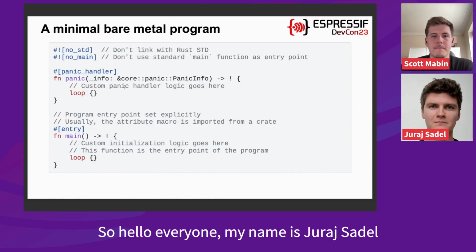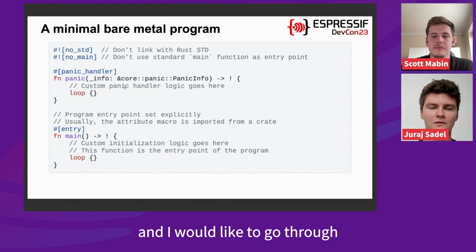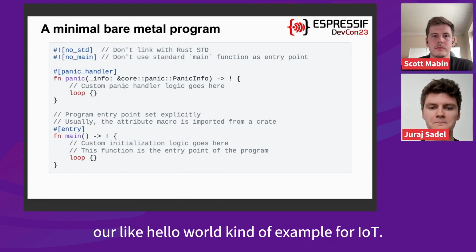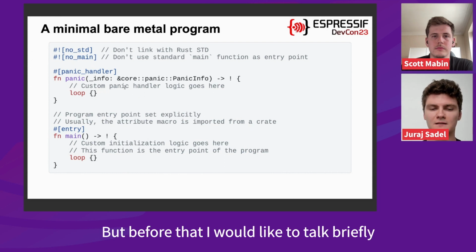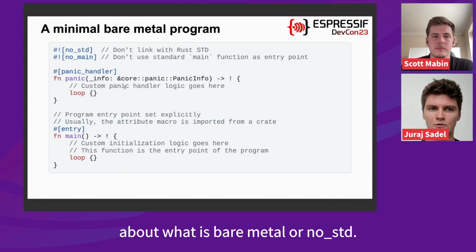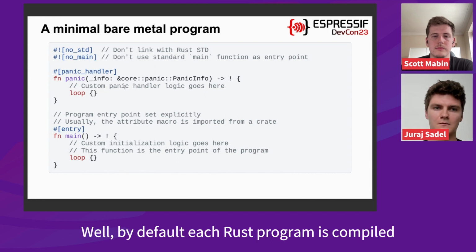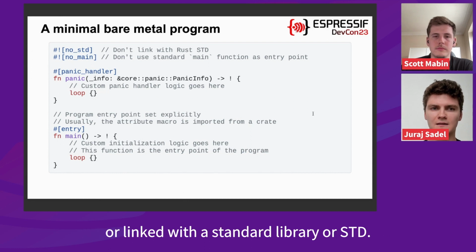So hello everyone, my name is Uri Sadel, and I would like to go through our hello world kind of example for IoT. But before that, I would like to talk briefly about what is bare metal or no_std. By default, each Rust program is compiled and linked with the standard library, or std.